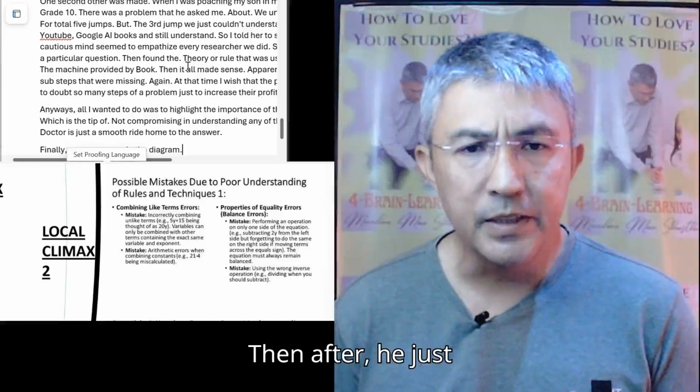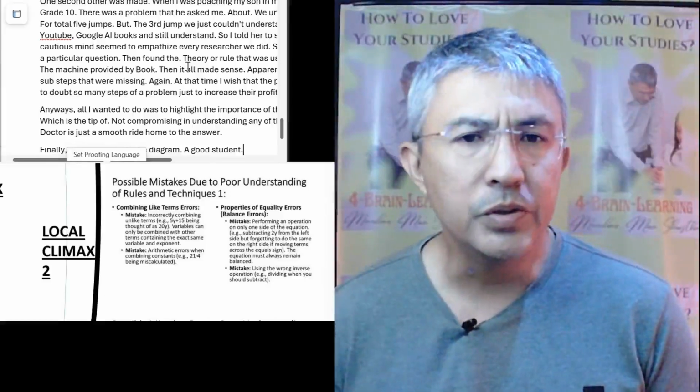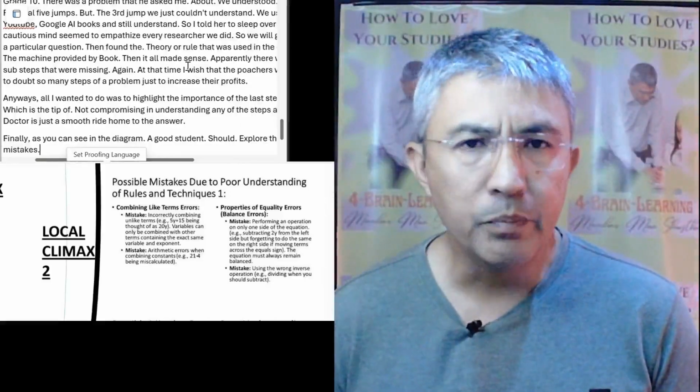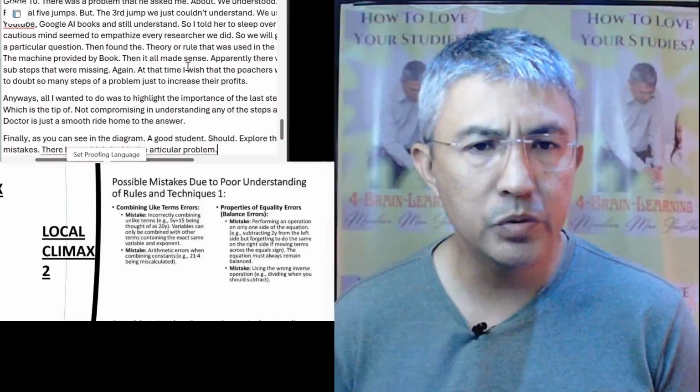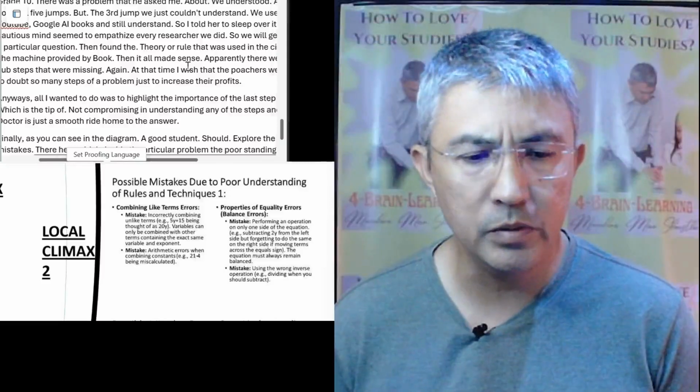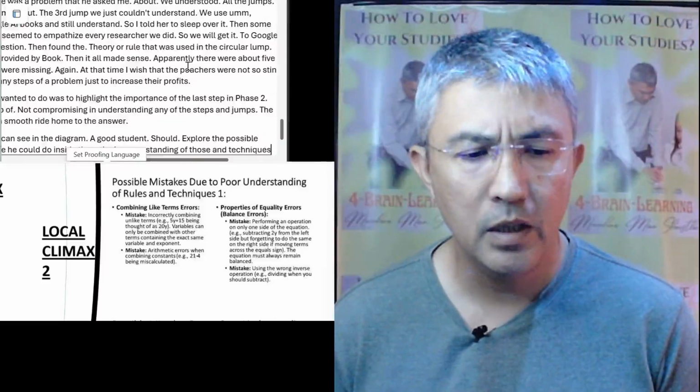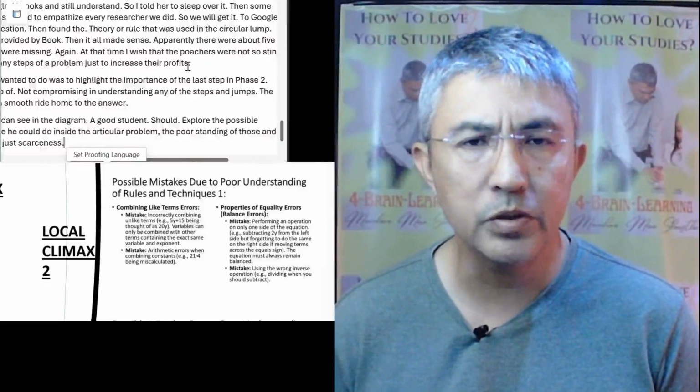Finally, as you can see in the diagram, a good student should explore the possible mistakes that he could make in solving that particular problem due to poor understanding of rules and techniques or just carelessness.